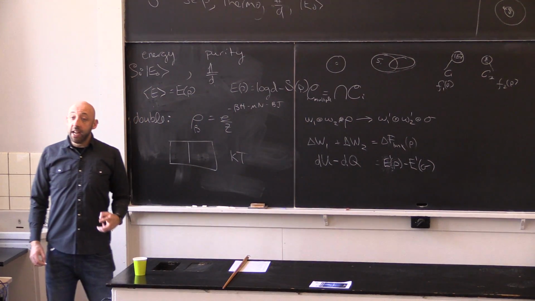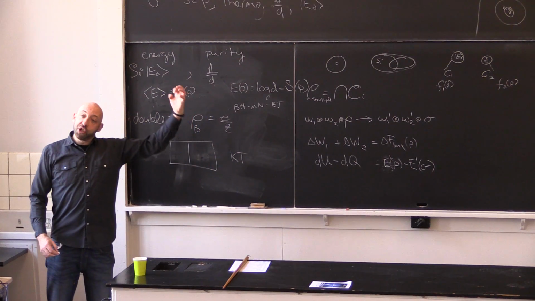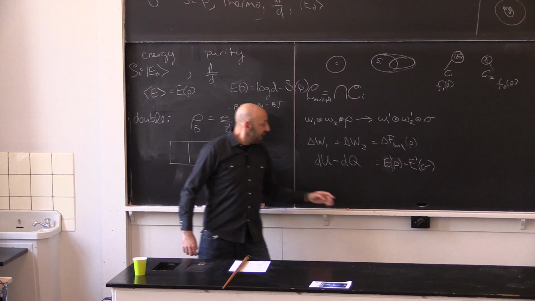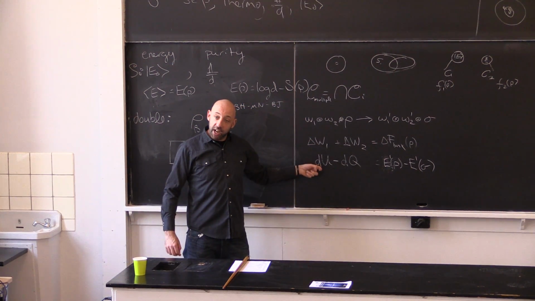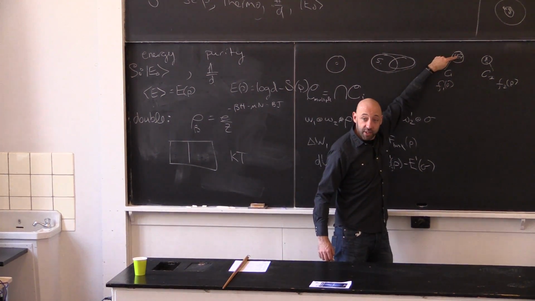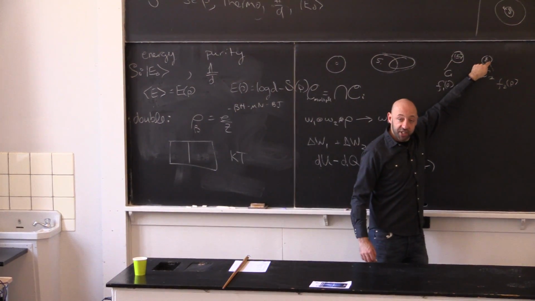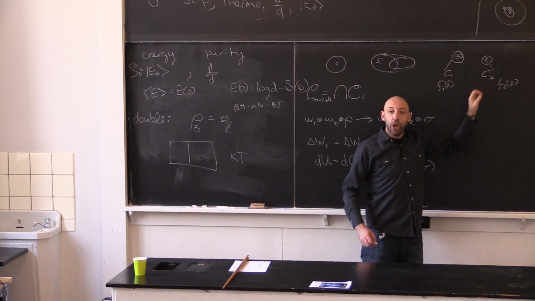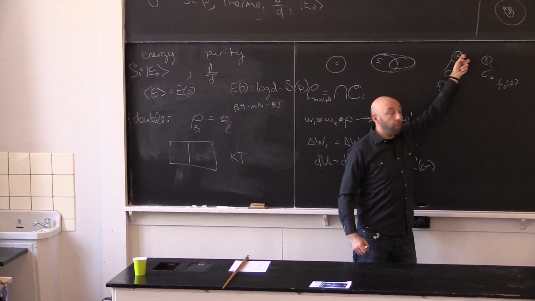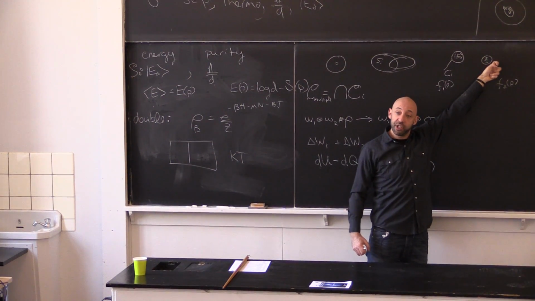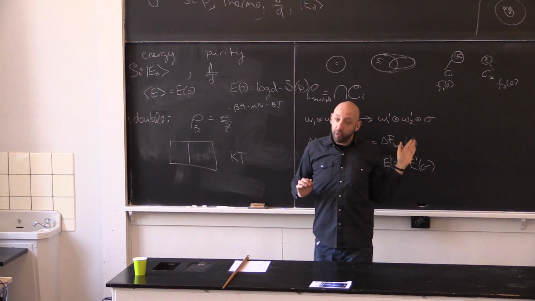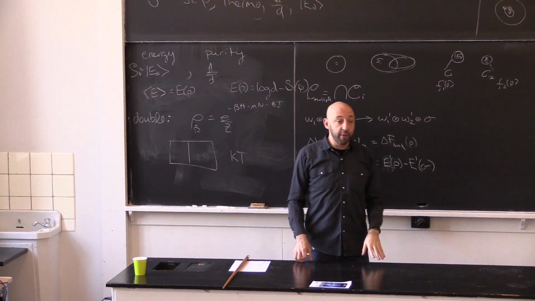So the change in your relative entropy distance to your bank state, which for thermodynamics is the change in free energy, is equal to the change in relative entropy distance to this fixed state plus the change in relative entropy distance to this fixed state. So you basically have three different fixed states for different resource theories: S1 for resource theory 1, S2 for resource theory 2, and then your bank state. And those three relative entropy distances give you a first law of which thermodynamics, the ordinary first law, is a special case.